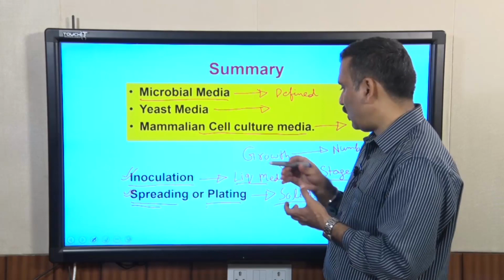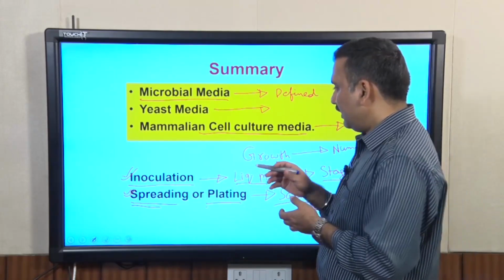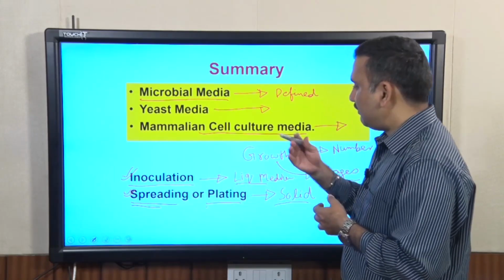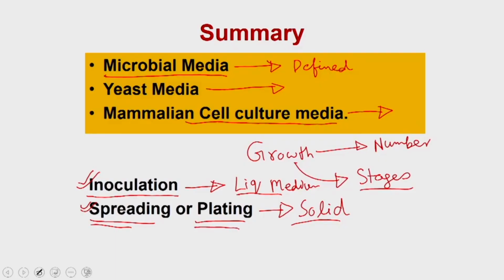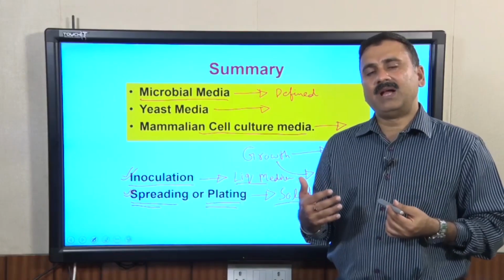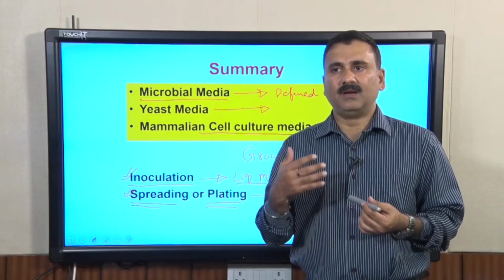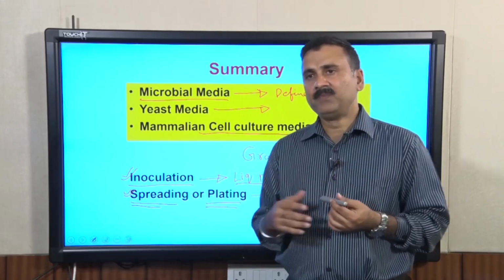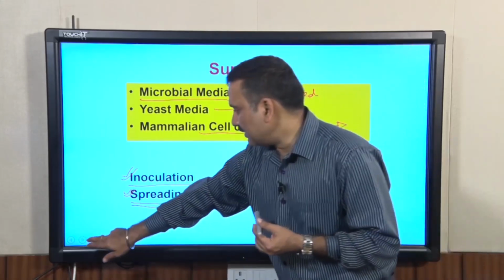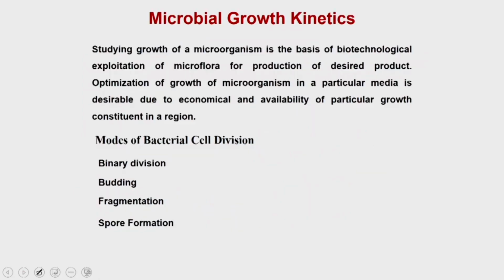The bacteria will grow on that solid media, and you can isolate a particular type of bacteria using these techniques. So, there are different methods by which bacterial cells grow and increase their number. Let us see what different methods are available for bacteria to grow.